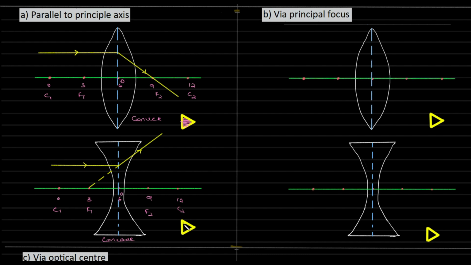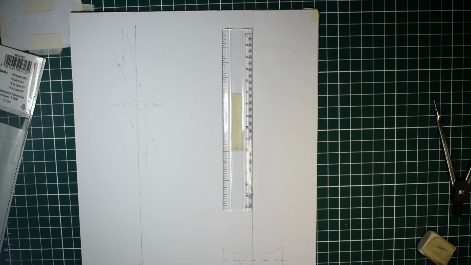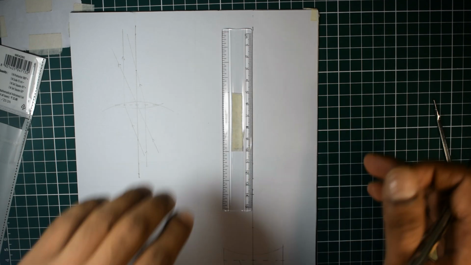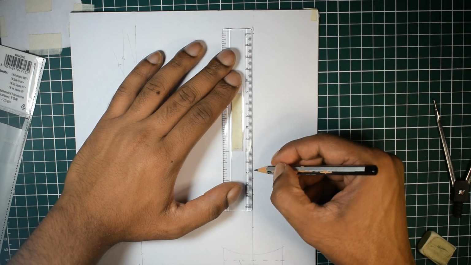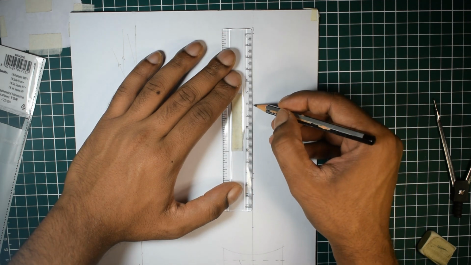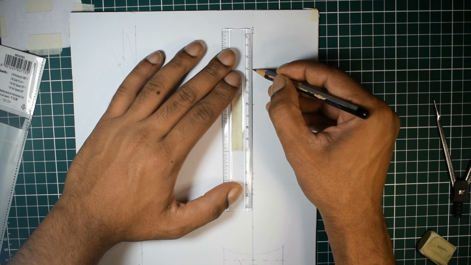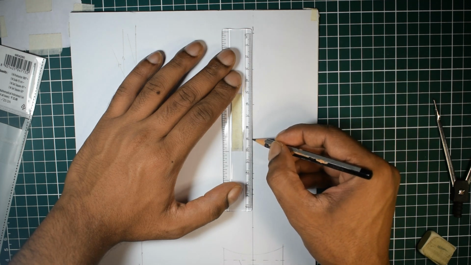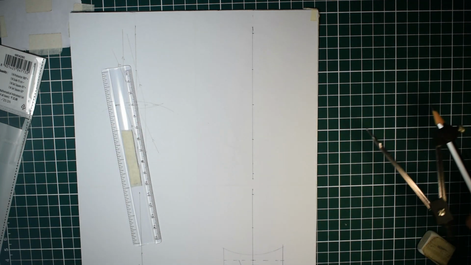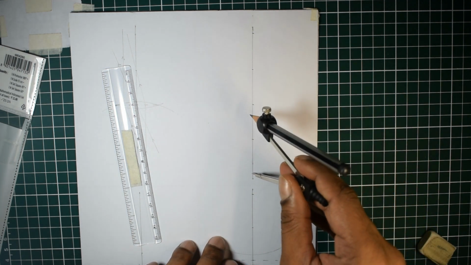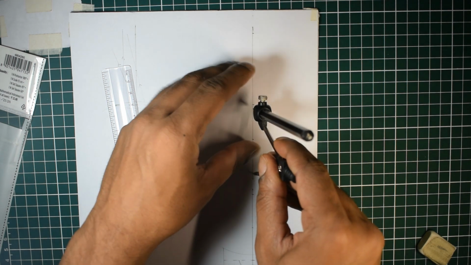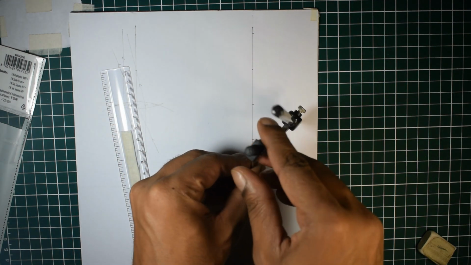Let me show you how we go about doing it. Here too we are drawing a length of 15 centimeter, then mark intervals of 0, 3, 6, 9 and 12. Then, as you can see, I have reduced the compass's value a bit less than 6.